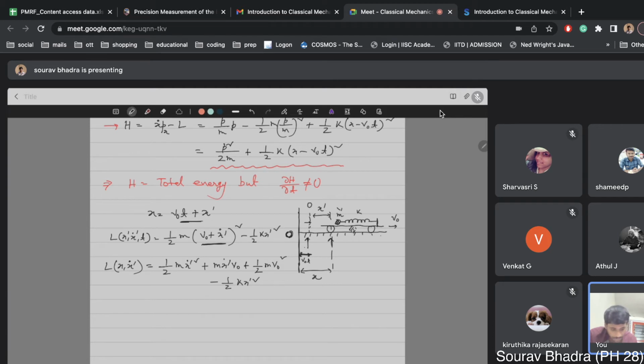Let me check with my notes. Yeah, now in this situation we will also calculate the total energy, that is half m x dot square.